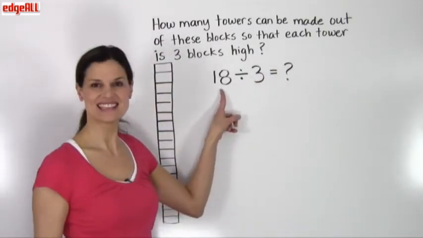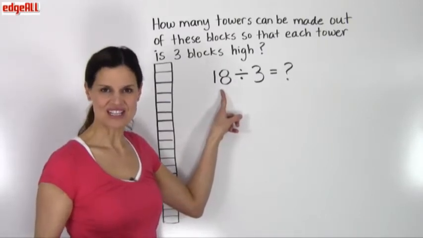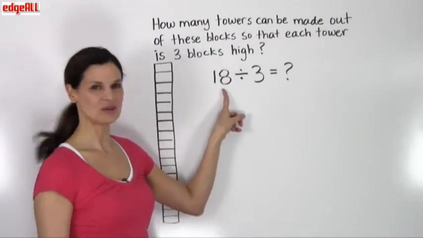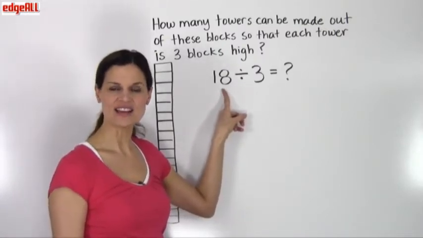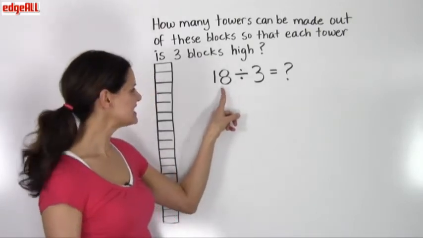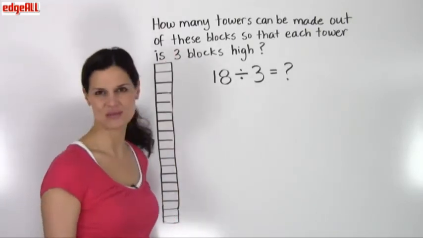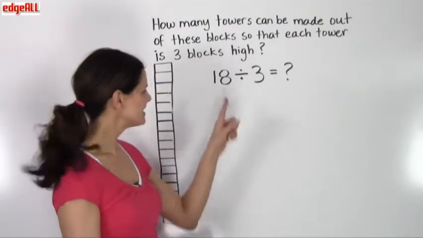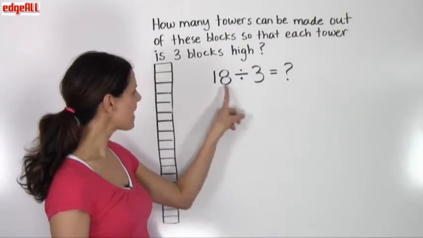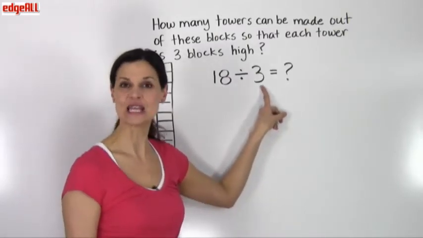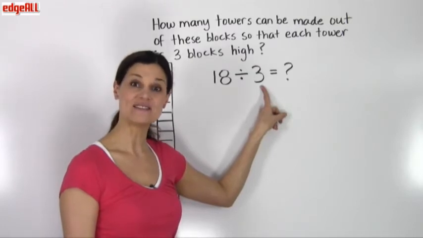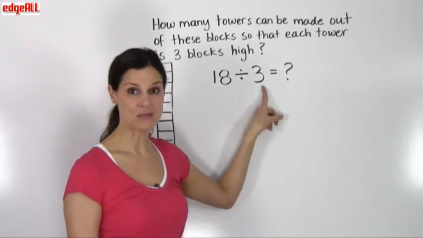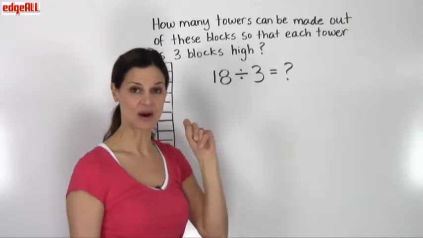In this case, to review the names of the different pieces in our division equation, this number right here, the 18, we call our dividend. This is the total number of blocks that we're using to make our smaller towers. The next number here, the 3, is what we call our divisor, and it represents the number of blocks in each tower.